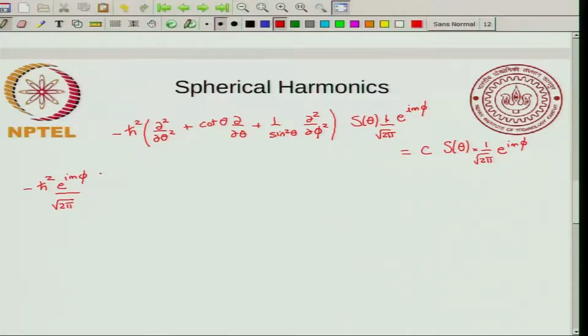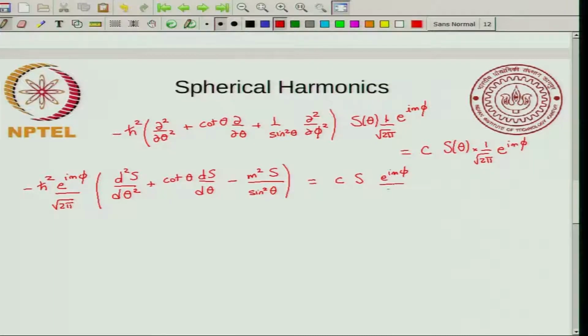And then I will have d square s by d theta square plus cotangent of theta ds by d theta plus, rather it will become minus m square s by sine square theta. I took e to the i m phi outside, so this is what I am left with, and this is equal to c s e to the i m phi by root 2 pi.